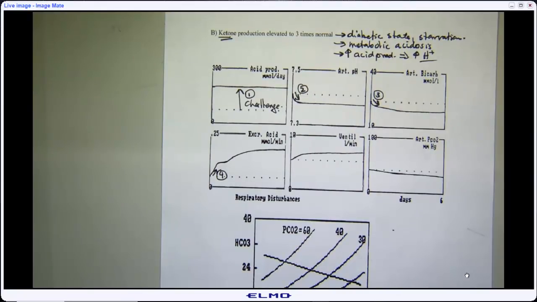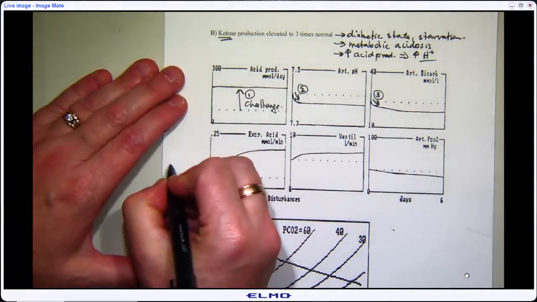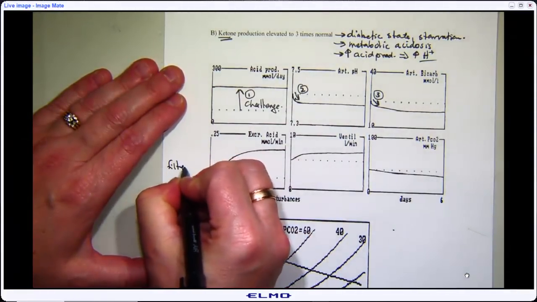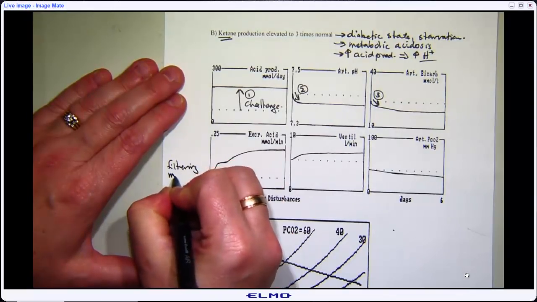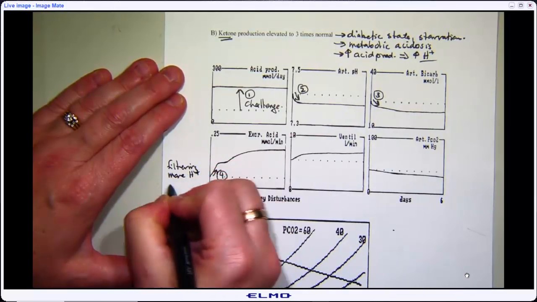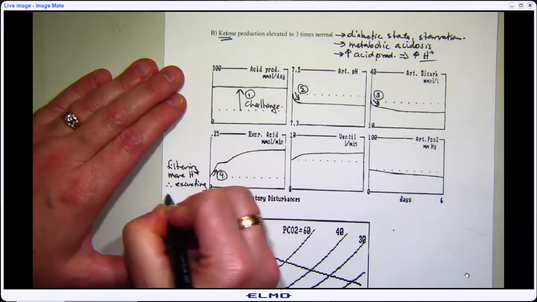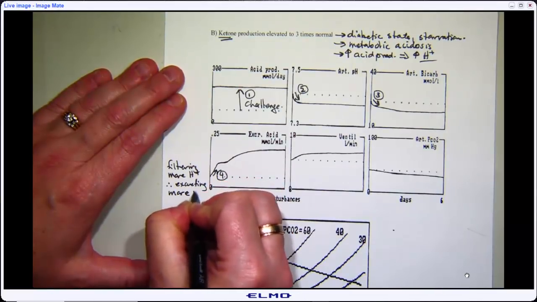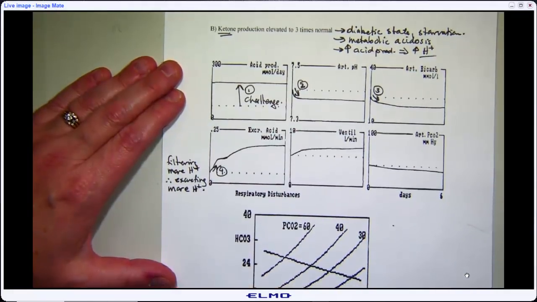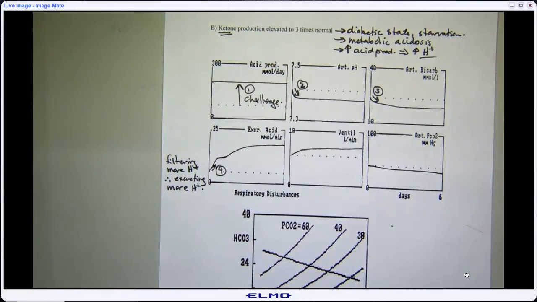So this is just the kidney doing what the kidney does, not renal compensation yet. Okay, so we should see that increase in acid excretion. Increase in acid excretion. Okay.